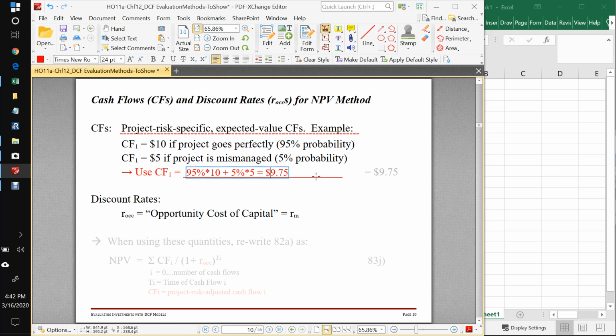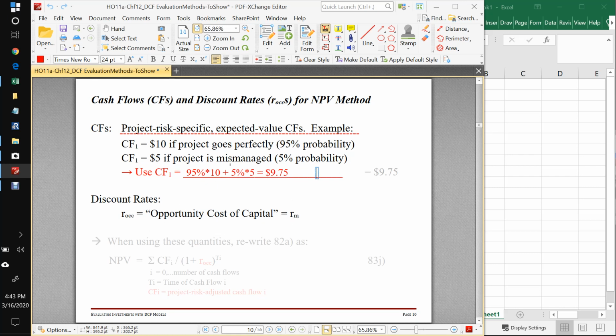So we'd say on average, over the long haul, we keep repeating projects like this 100 times, 1,000 times, 10,000 times. 95% of the time we get 10, 5% of the time here we get 5. So on average over the long haul, we get 9.75.